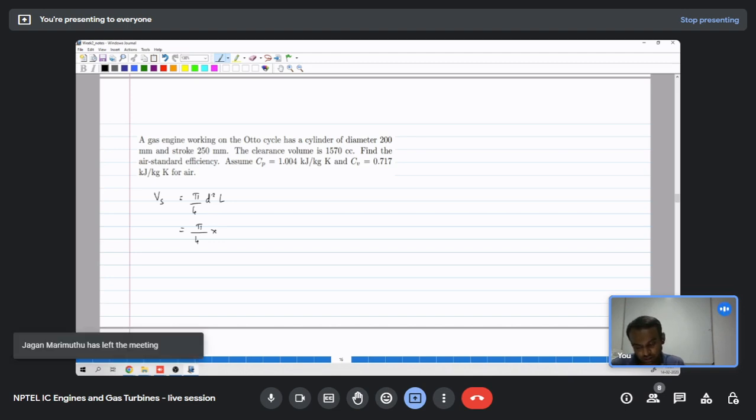So that is pi by 4 into d square, 20 centimeters square, into length 25 centimeters, since it is 250 mm.